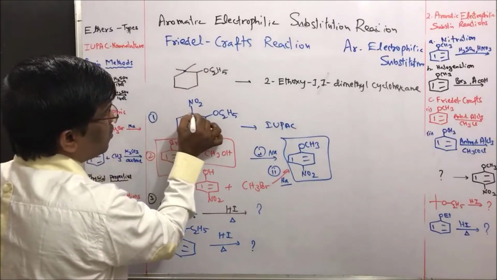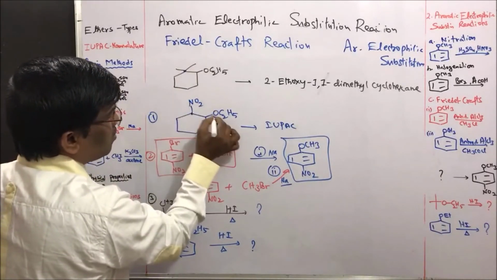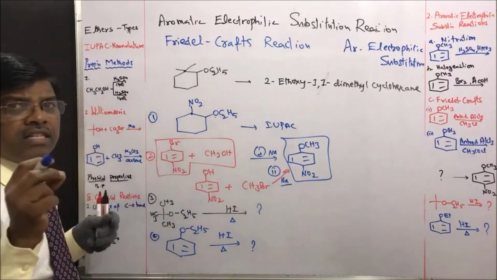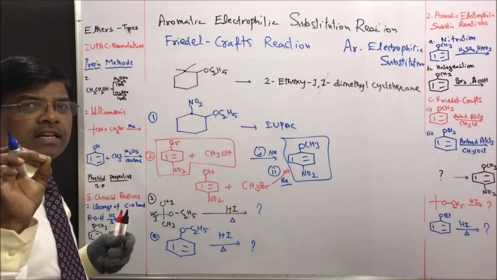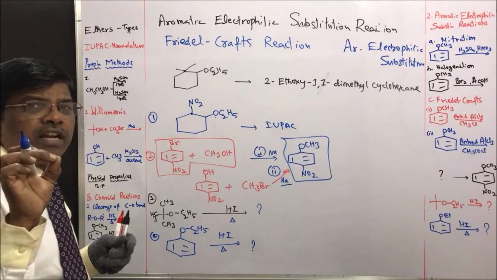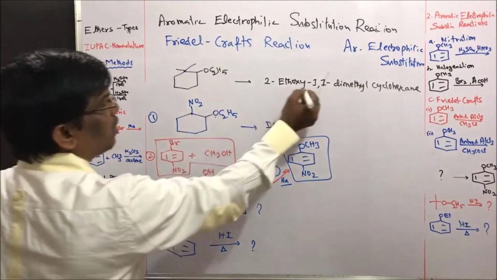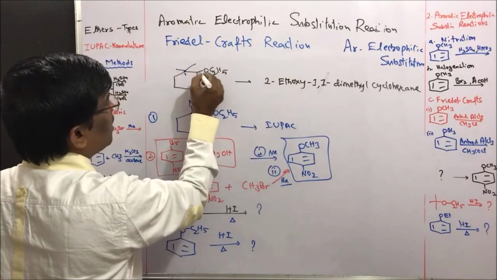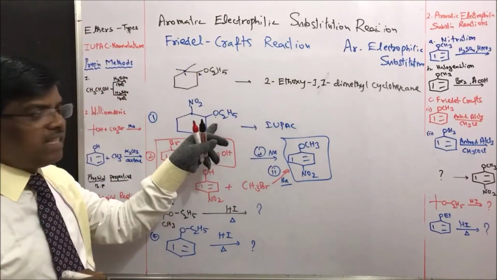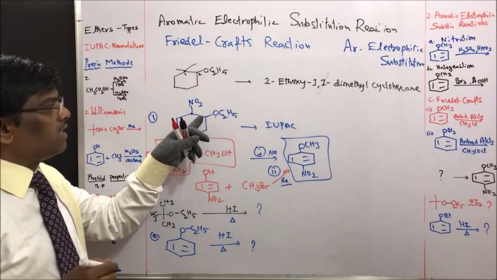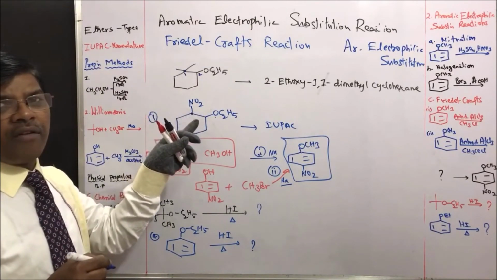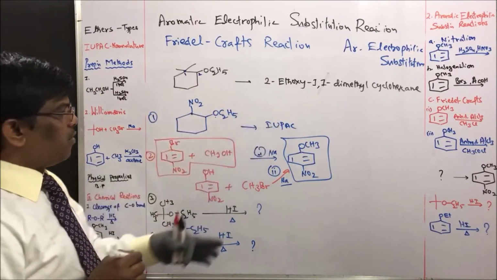And when it comes to these two, this is nitro, this is oxygen. Oxygen and nitrogen, which is the priority group? Oxygen. So in this case the numbering started from here, whereas in this case numbering starts from oxygen. So write like this, 1, 2. I have given the hint. So write down the IUPAC name.